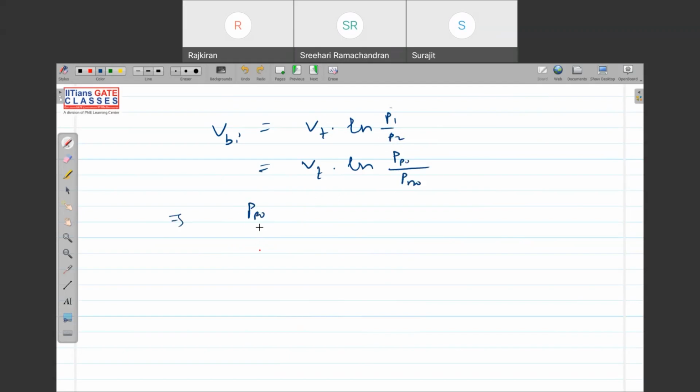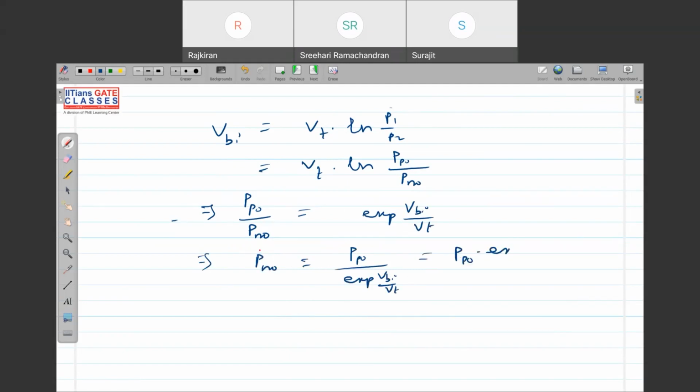So if I write like this, Pp0 by Pn0 equals exponential of Vbi by Vt. What is Pn0? Pn0 is the concentration of minority carriers in the n side, equal to Pp0 divided by exponential of Vbi by Vt, equal to Pp0 into exponential of minus Vbi by Vt.